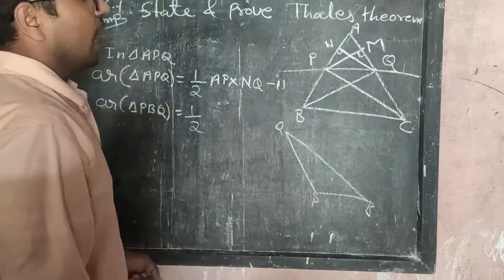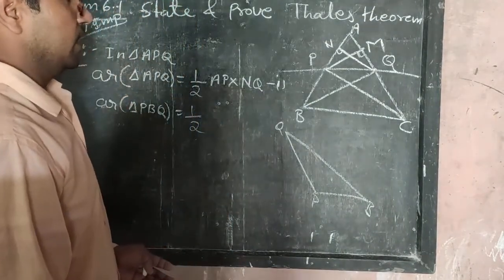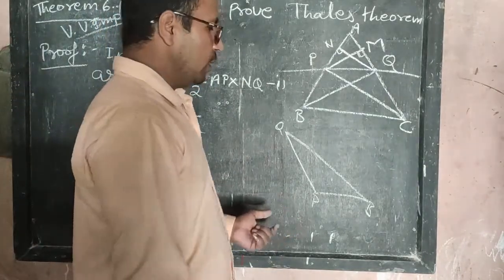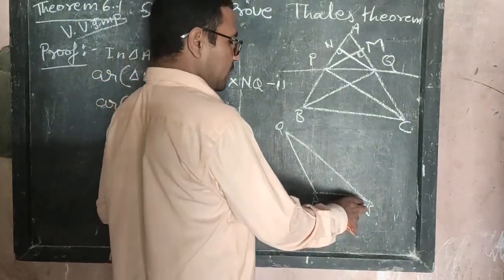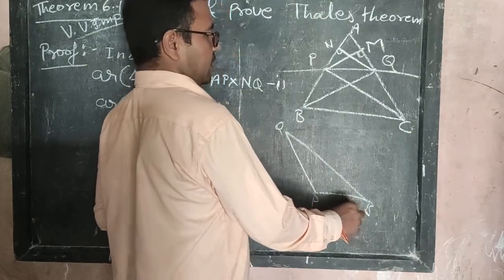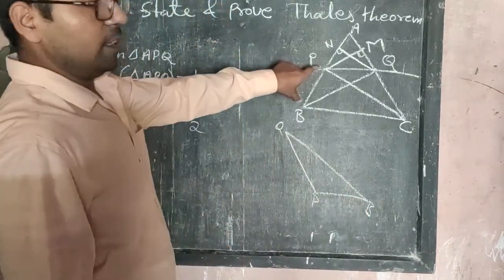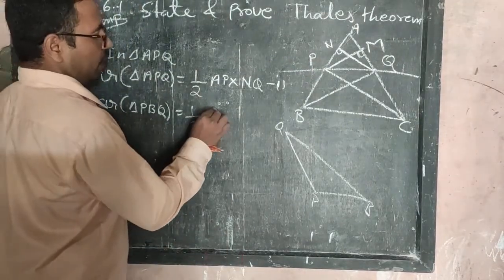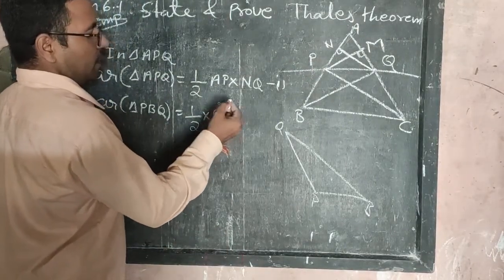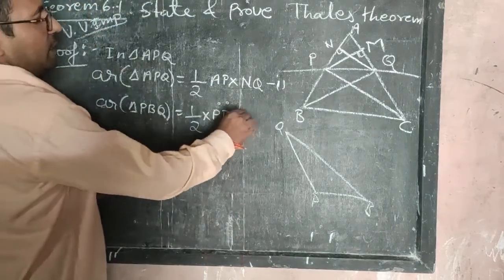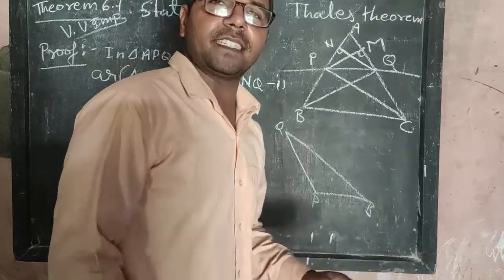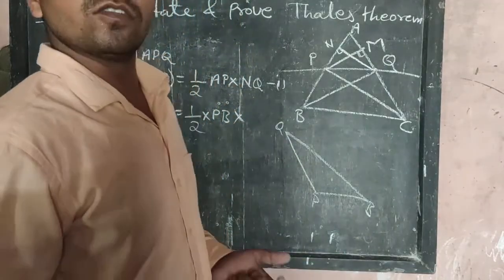So which one will be the base and which one will be the height? Students, this PB is your base. We will take PB as the base, into height. Height, students, this one is the slant height. Slant height is not perpendicular.